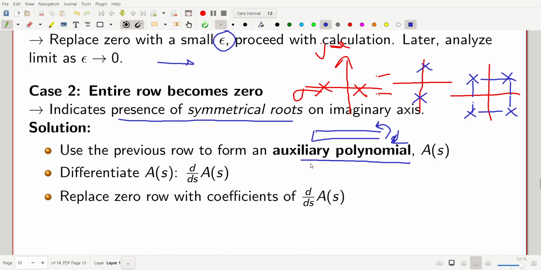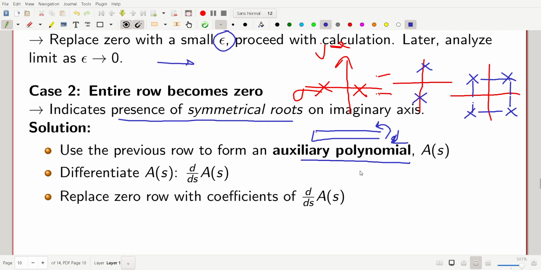If the auxiliary polynomial gives purely imaginary roots, then the system is marginally stable, because they lie on the j omega axis. If some pole is on the right-hand side, then it is unstable.